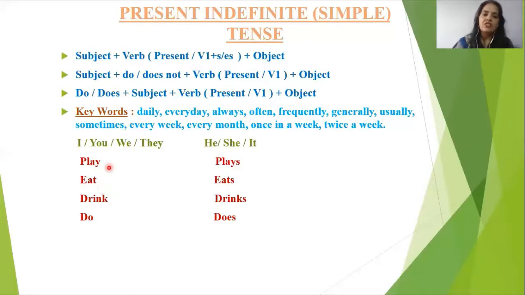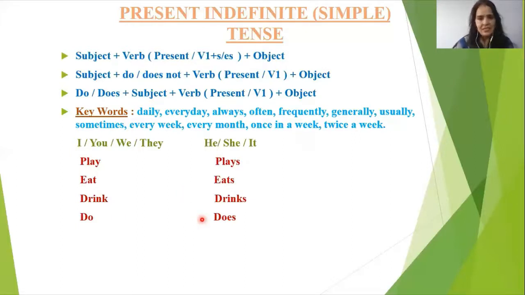Play, eat, drink, do. But with the singular number, he, she, it, or any name, we will use the first form of the verb plus s or es. Plays, eats, drinks, does. You can see play, plays, eat, eats, drink, drinks, do, does.